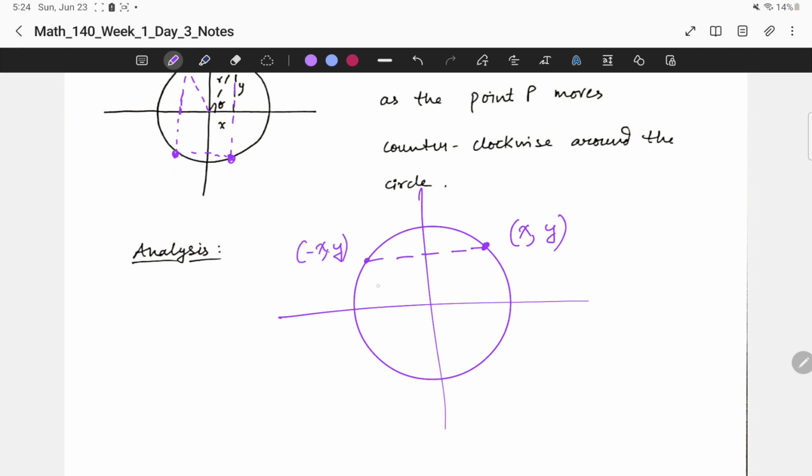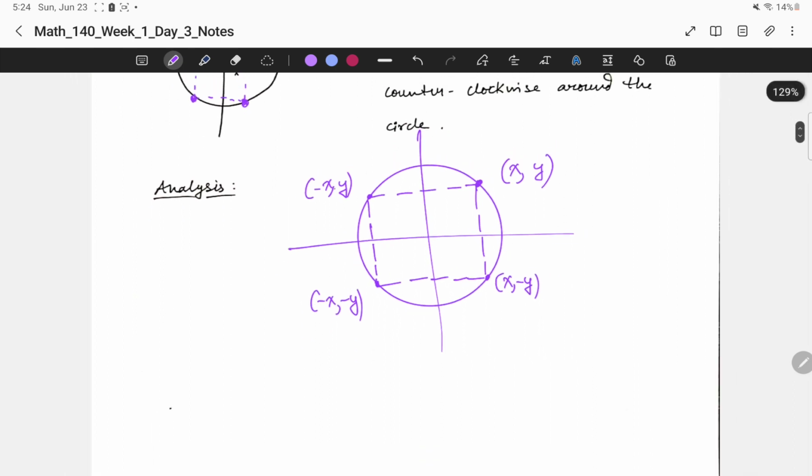Then I go vertically down, negative x, negative y, and x, negative y. There's always going to be this inscribed square with each vertex in a different quadrant. Now the radius is always the same.